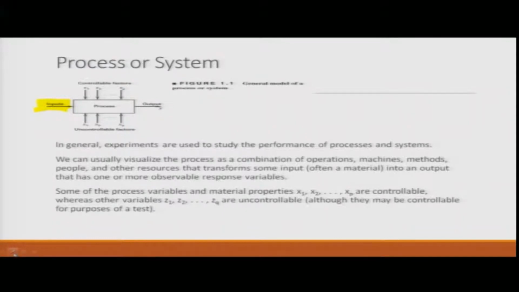One is the uncontrollable factors, which you cannot control as per the experiment, and the other is the controllable factors, and based on that you have an output. Your main task is to find the comparison of the input and the output in order to understand how the whole system changes.